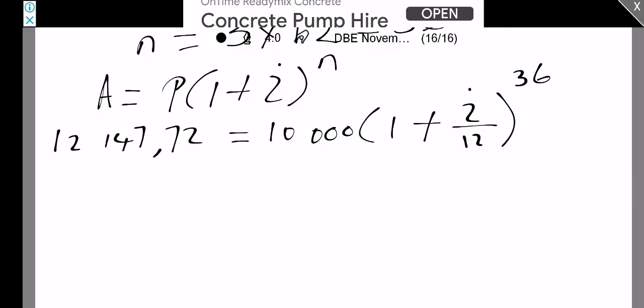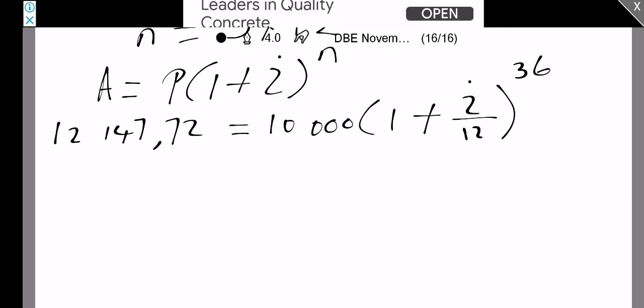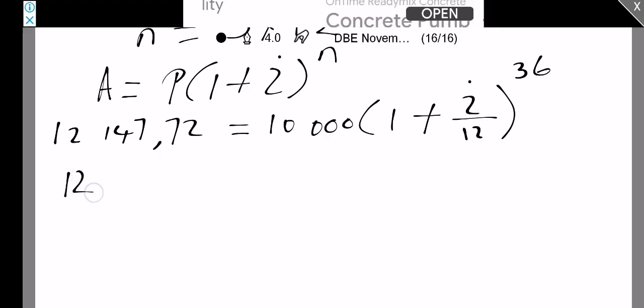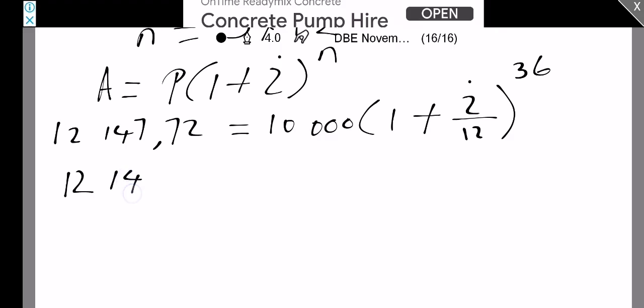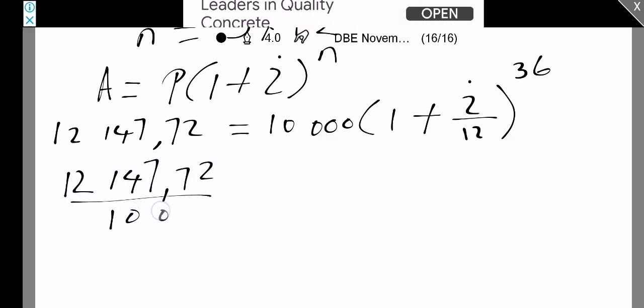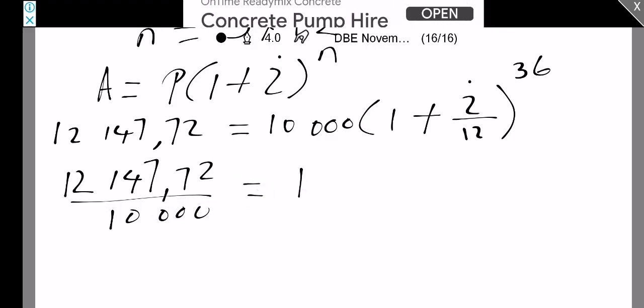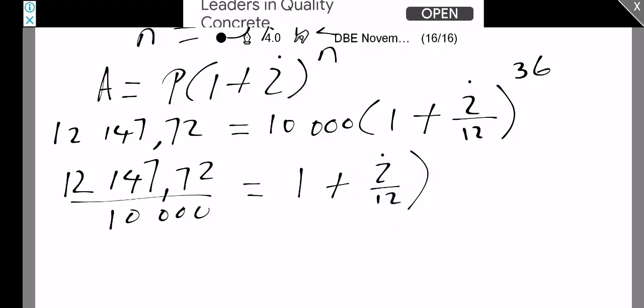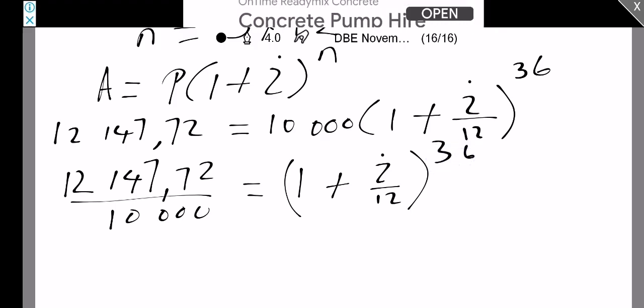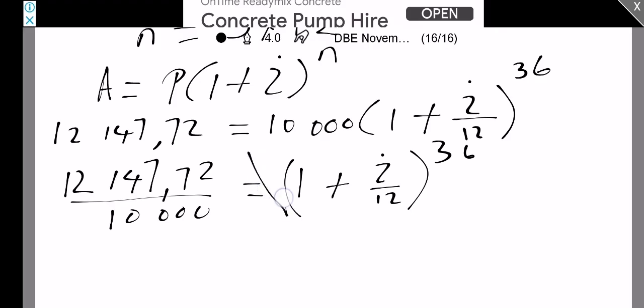Now we're going to divide both sides by 10,000. We have 12,147.72 divided by 10,000 equals (1 plus I over 12) all raised to the power of 36. Now we've got to take the 36th root of both sides.